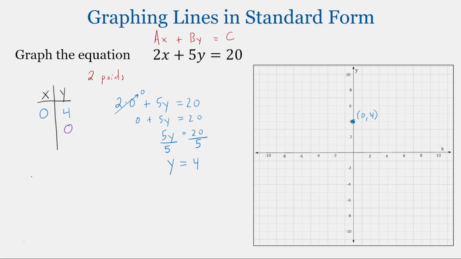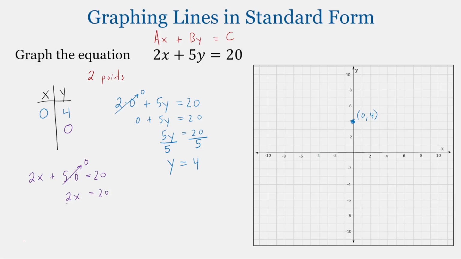So when we do this, we now have 2x plus 5 times 0 equal to 20. Again, this goes to 0. 5 times 0 is 0. And we can skip that 2x plus 0 step, and we can write that as 2x equal to 20.